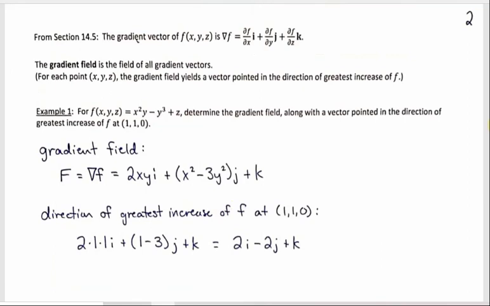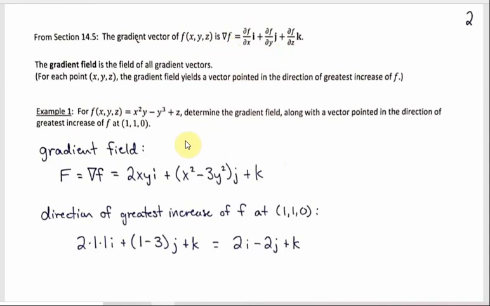One common vector field is the gradient field, which is derived from the idea of a gradient vector, which we had back in section 14.5. You've got your function f, and the gradient vector is basically just the vector of the partial derivatives. Just the way that we would have gotten the gradient vector before, if you do that here, that will give you the gradient field.